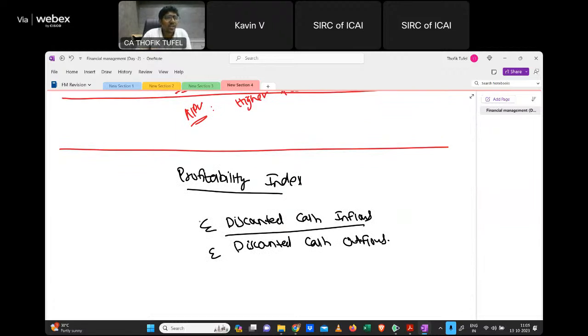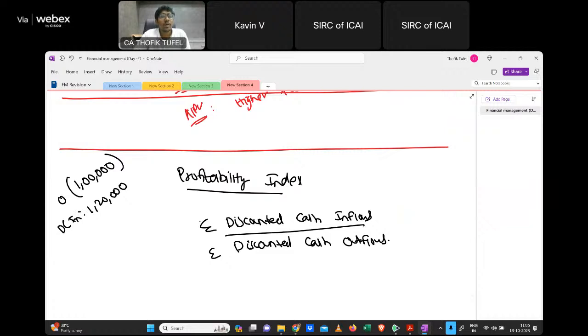My discounted cash outflow will usually be negative only, correct? So suppose I have invested 1 lakh rupees in year 0. So this is my discounted cash outflow. And let's say my discounted cash inflow is 1,20,000 rupees. The cash flows for year 1, 2, 3 are given, I've discounted all the cash flows, and I got a discounted cash inflow of 1,20,000 rupees.